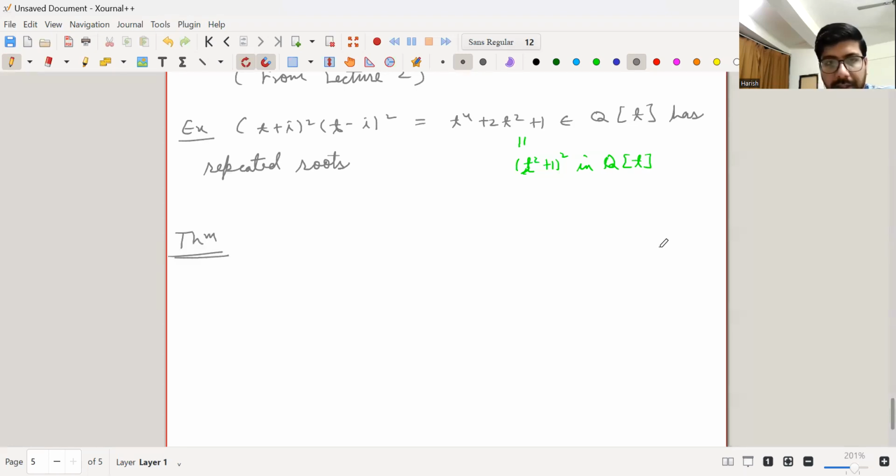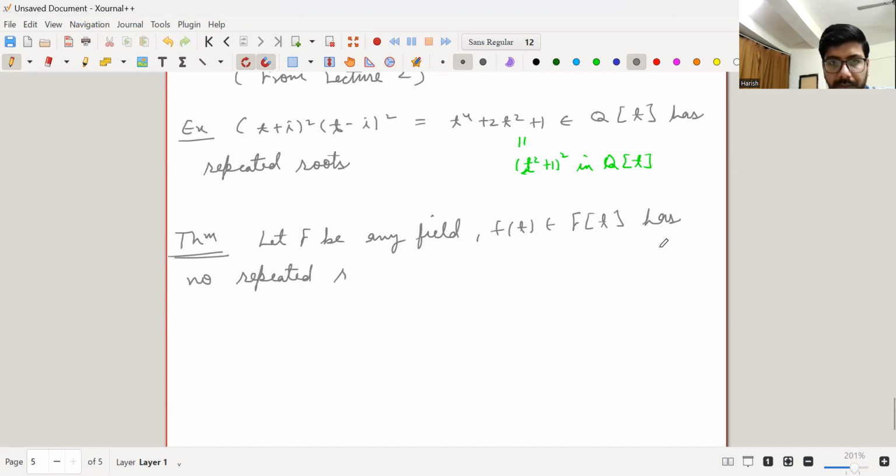The theorem says let F be any field, and f(t) belongs to the polynomial ring over that field, then this has no repeated roots if and only if the GCD of f(t) and the derivative of f(t) is equal to 1 in F[t].